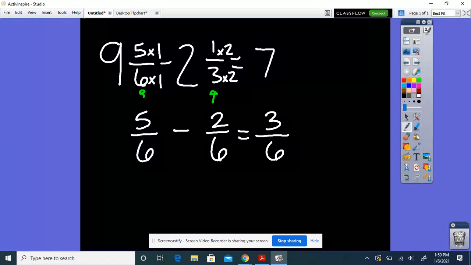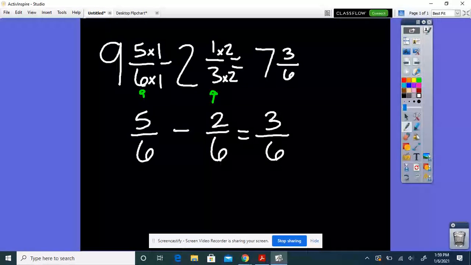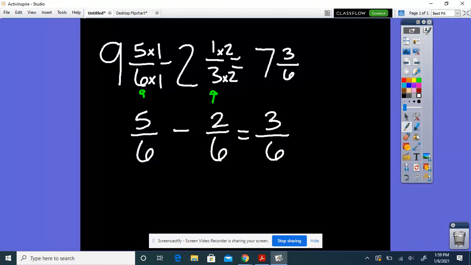Then I'm going to put that up here and combine it with my whole number. So we have 7 and 3/6. But we can simplify that 3/6. We need the factors for 3 and 6, and our greatest common one is going to be 3.